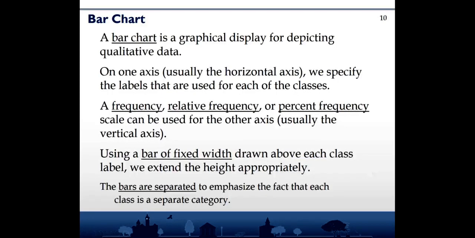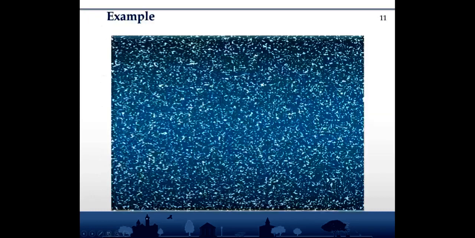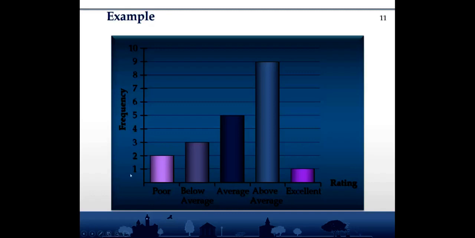We can also obtain bar chart, which is a graphical display. For this example, the bar chart looks like this, like poor, below average. Graphical displays are usually preferred over the tabular displays because it is clear.